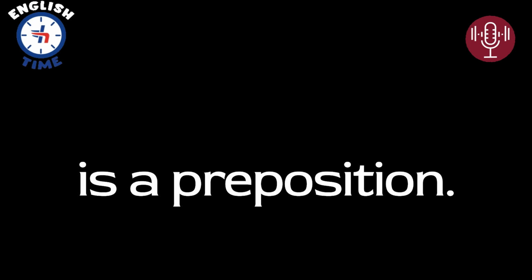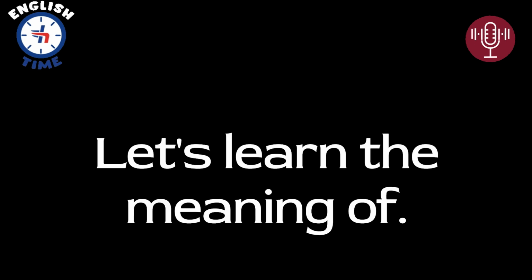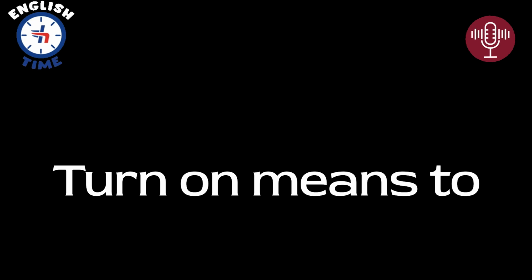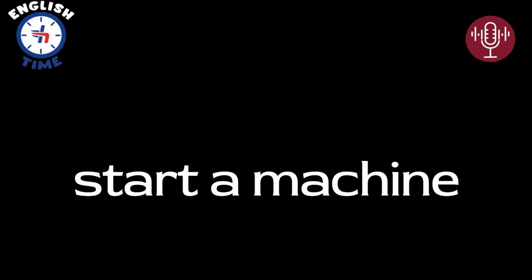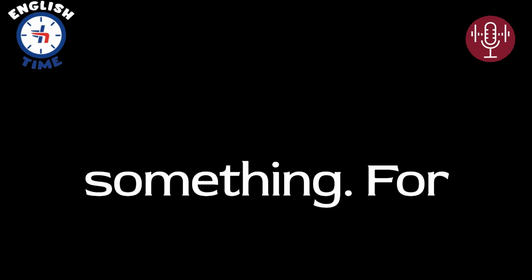Off is a preposition. Together, they make a phrasal verb. Let's learn the meaning of these phrasal verbs. Turn on means to start a machine or to activate something.